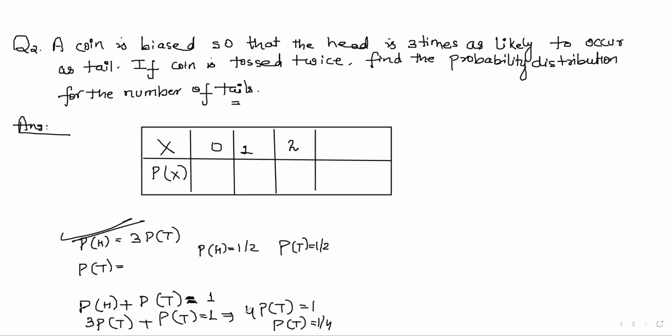In case of a single coin, the probability of getting tail is 1 by 4, and probability of getting head is 3 of probability of tail. So that means 3 into 1 by 4, which is equal to 3 by 4.